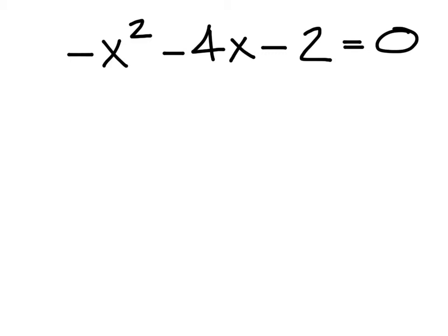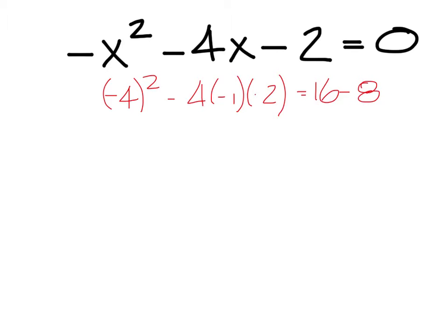On this practice problem, the discriminant is going to be the square of negative 4, and then we'll subtract 4 times negative 1 times negative 2. That is 16 minus 8, which gives us an 8. Alright, from there we go to the quadratic formula. This means it's going to be real.